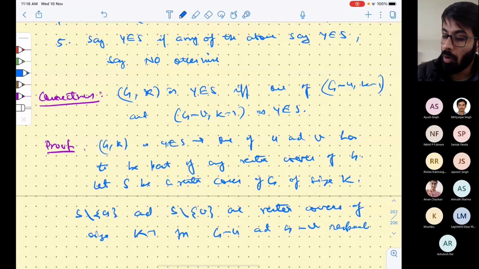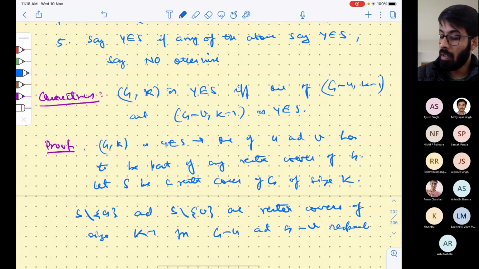But for the backward direction, so this is the forward direction. Now suppose G minus u comma k minus 1 is a yes instance. Let S be a vertex cover of size k minus 1 for G minus u. So now you have this G minus u, and here is u that you have deleted to get G minus u. All the edges here are covered by the vertex cover S. The only edges that are not covered can be these, and then you include u in the solution.